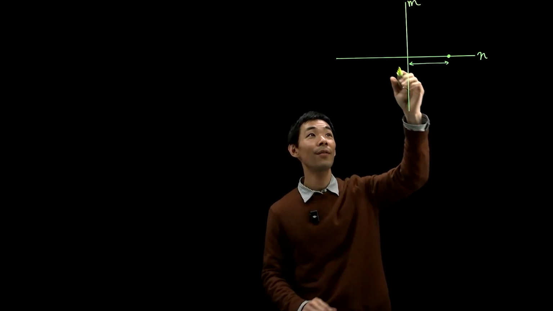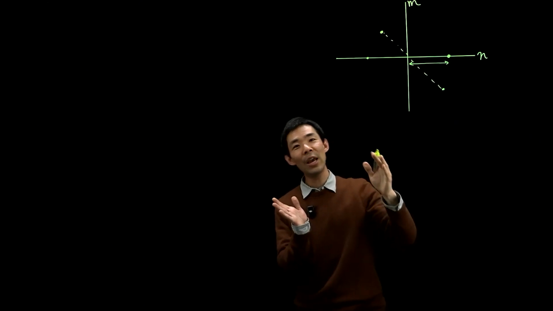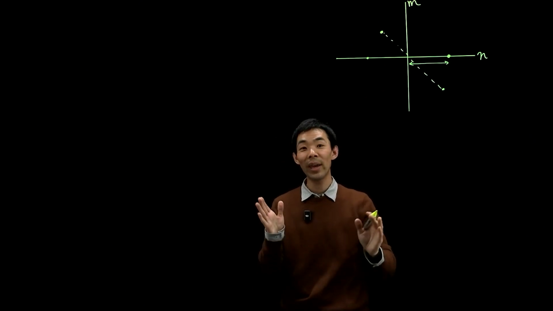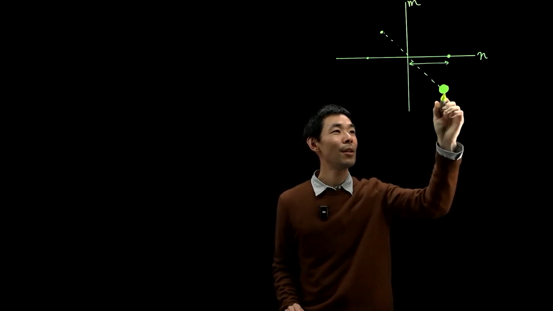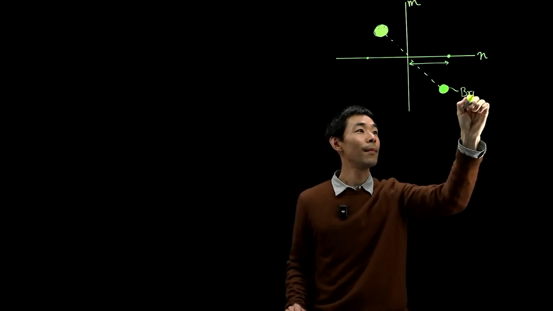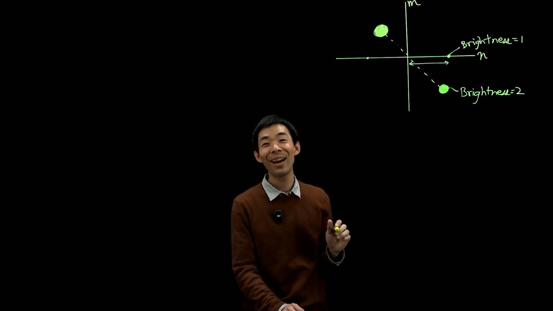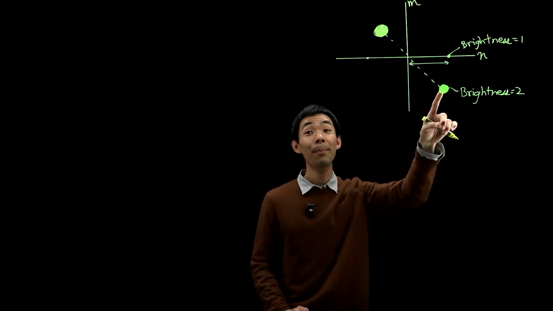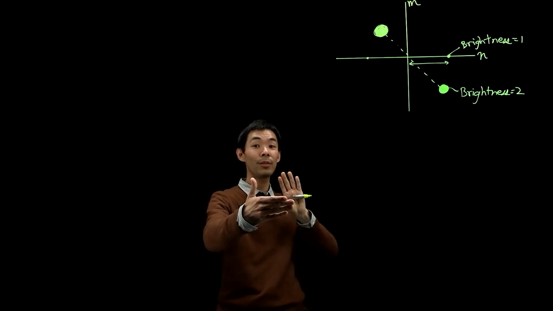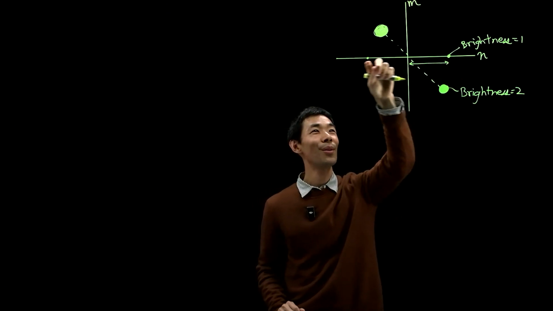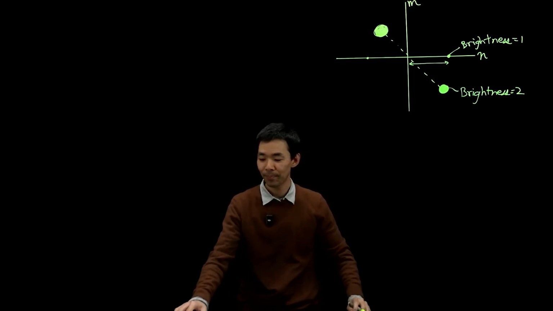The tilt of those points tells you the tilt or the orientation of your waves in real space. And the brightness of your points, let's say has a value of 2 here, has a value of 1 up there, means that this amplitude corresponding to this wave along the negative 45 is going to have an amplitude twice as big compared to the wave along your x direction. Okay, so let's write these things down.